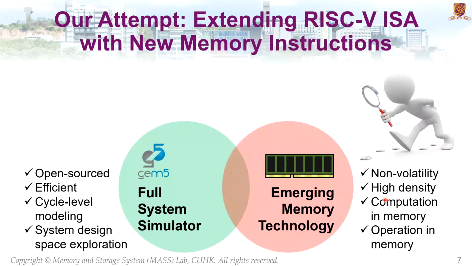We are thinking about whether we can extend the RISC-V ISA with some new memory instructions so that we can best utilize the promising capabilities enabled by emerging memory technologies. We are proposing this as a new direction or new research area for study.